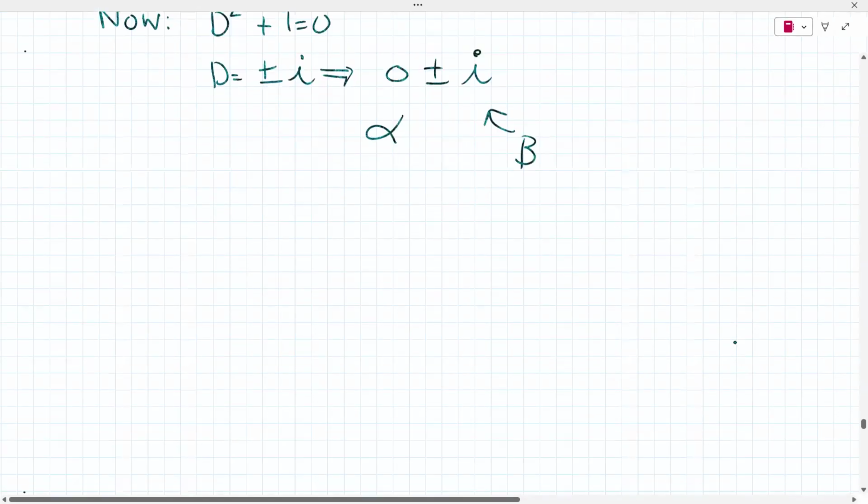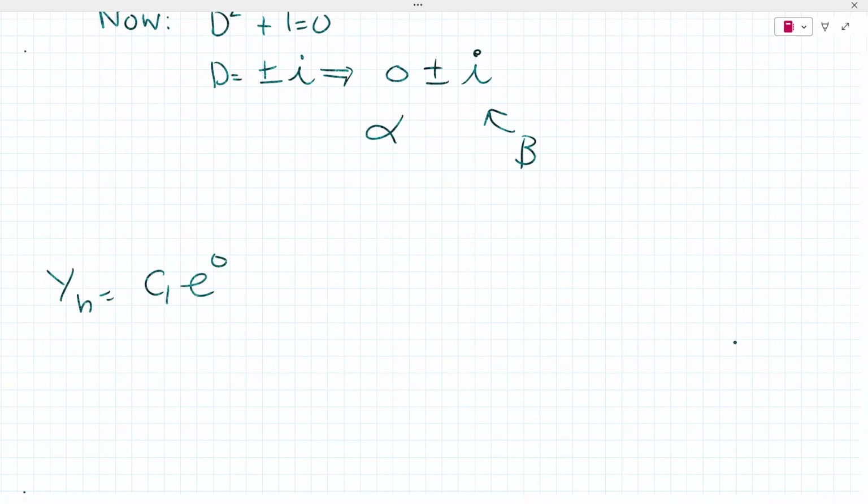So your y_h is going to be c1 e to the 0 times cosine of t plus c2 e to the 0 sine of t.